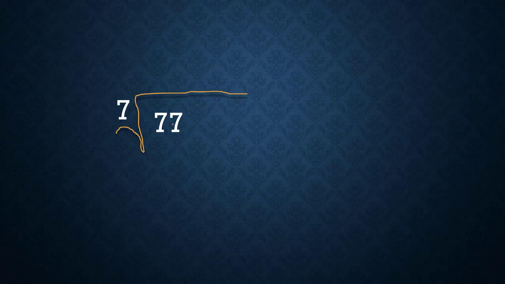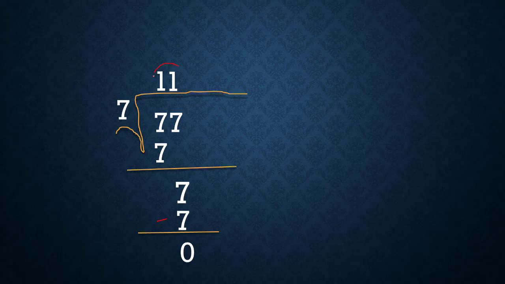By simple division, 7 ones are 7, and this 7 will come here, and again 7 ones are 7. When we subtract 7 from 7, the answer will be 0. So this shows the gestational age in weeks and this shows the days. So the gestational age, or the age of the fetus, is 11 weeks and 0 days.